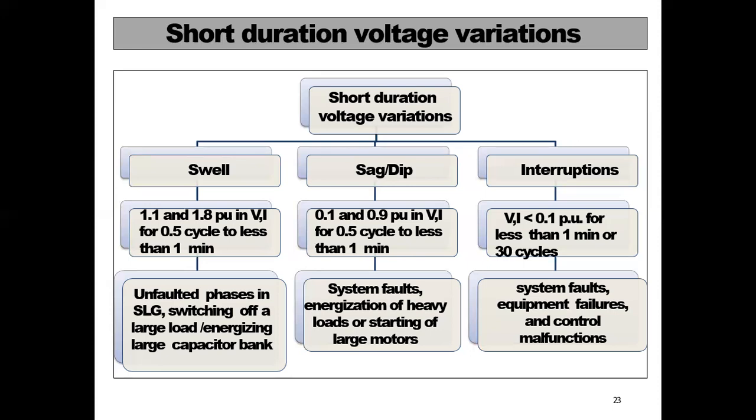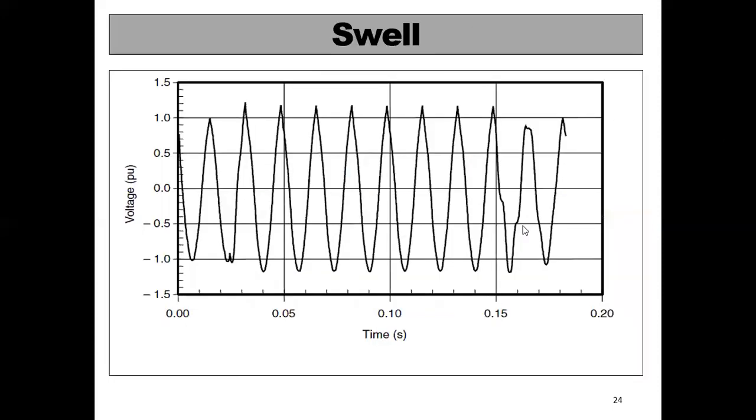Interruption means the voltage is less than 10% of the rated voltage for a period of less than 1 minute, and this will occur due to system faults, equipment failures, and control malfunction. This is your short duration voltage variation.